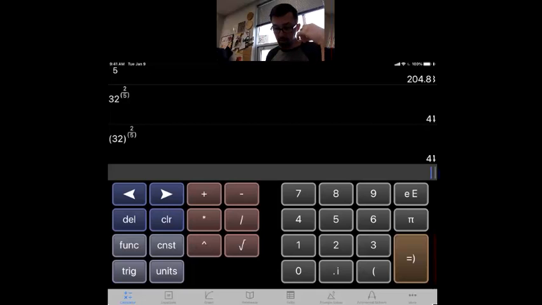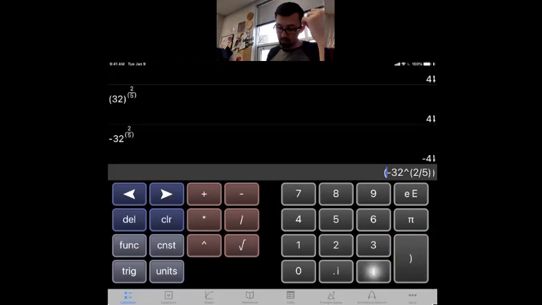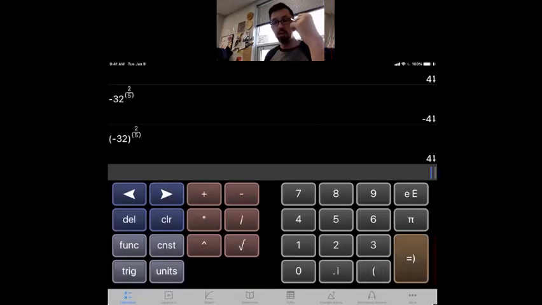If I do negative 32 like this, to the 2/5, and I remember to put my exponent in parentheses, it's going to tell me negative 4. But it actually shouldn't be that. It's supposed to be this. And see, we actually get a different answer. So if we really want to cover our bases, we put the base in parentheses and we put the exponent in parentheses to make sure.